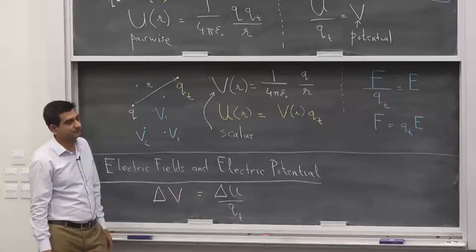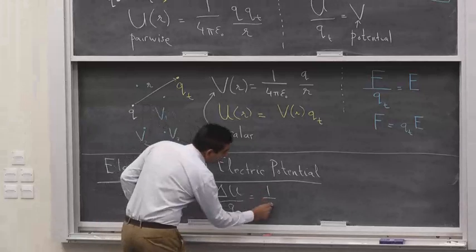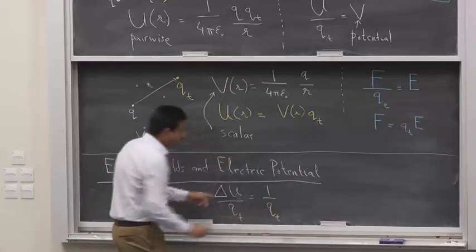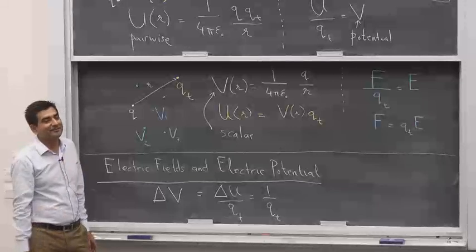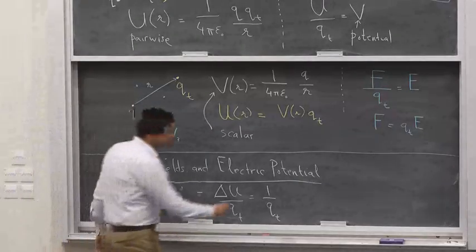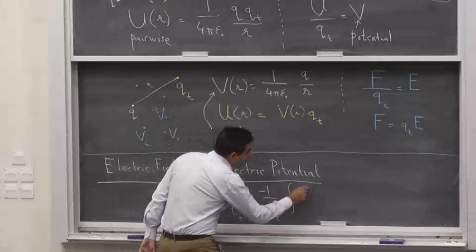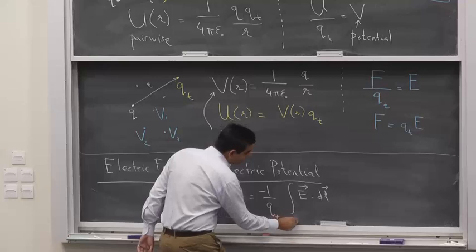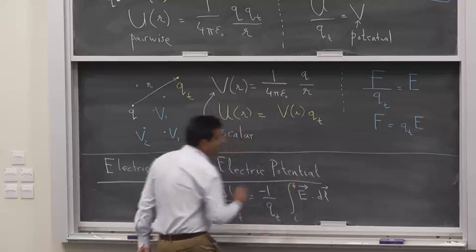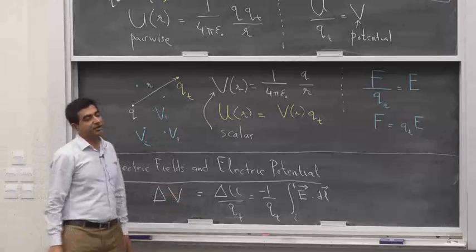Okay, but you also know that delta U is the negative of the work done by the internal forces. So you have a minus sign here, and you really want to integrate E dot dl from some initial position to the final position, right? This is how we've defined the electric potential energy.